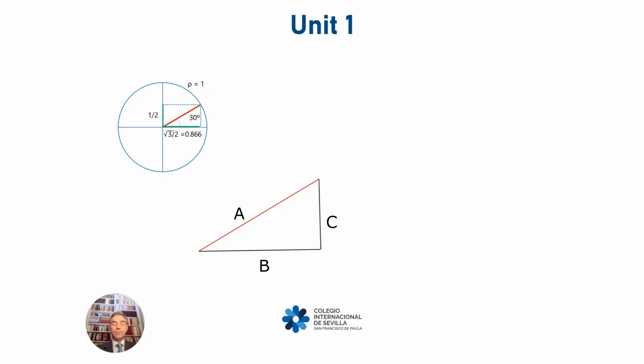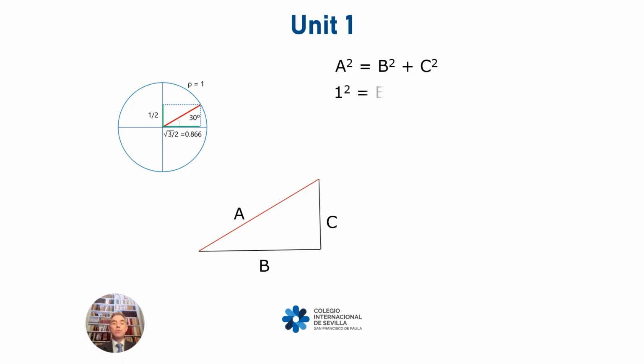Applying Pythagoras' theorem, we know that the square of the hypotenuse equals the sum of the squares of the two sides. But we know that the hypotenuse is 1, and we also see in the image that the value of C is 0.5, half the radius, which is 1.